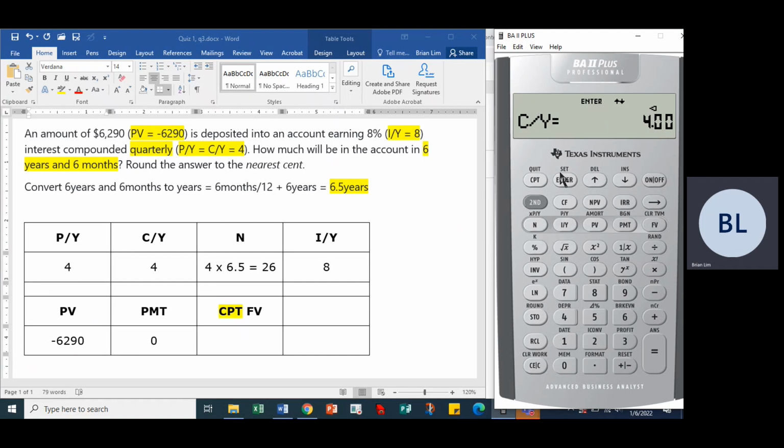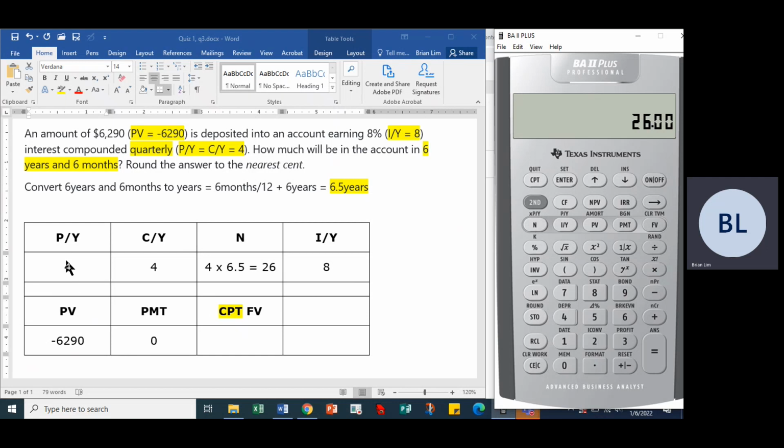So we exit the menu. Quit is second CPT. Now we have to calculate the value for N. We use the 6.5, the number of years. We go second N, that multiplied by PY.